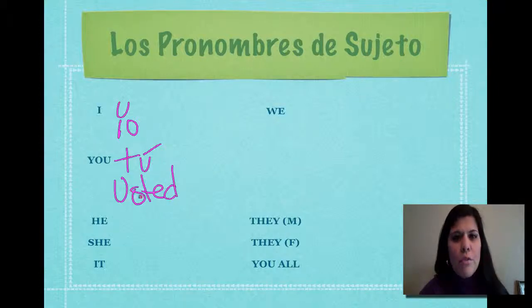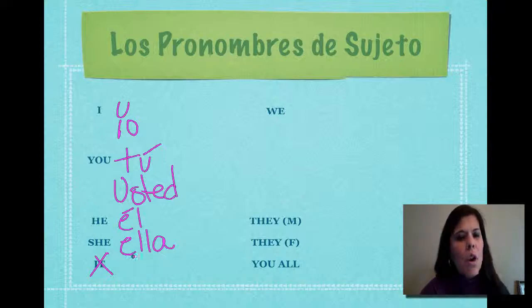Usted is more like formal. For he, you could have él. See how we have accent marks in some of those? That is very important to remember. She is ella. Unfortunately, we don't have an it in Spanish, and I know it's really hard to grasp that idea. But everything has gender, and everything is a he or she.